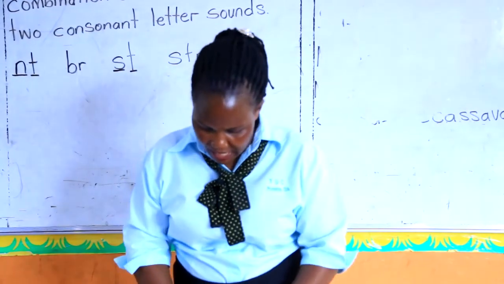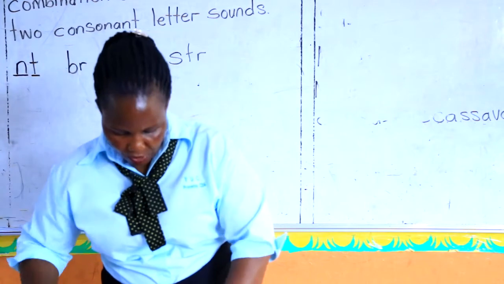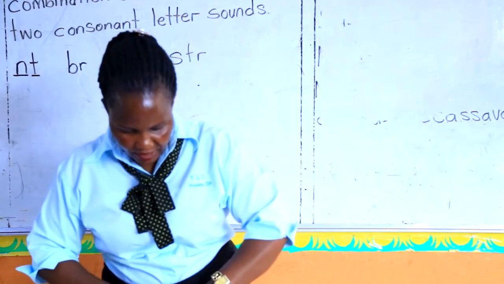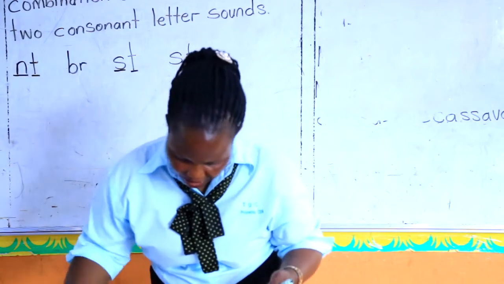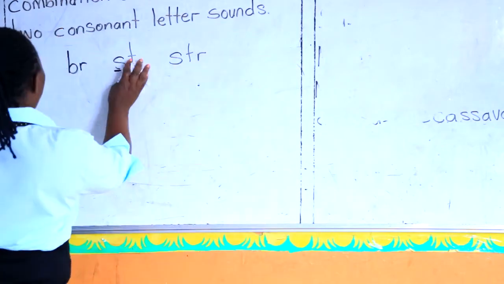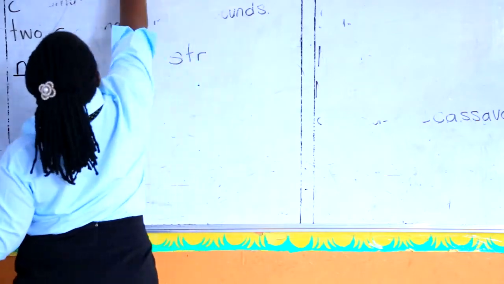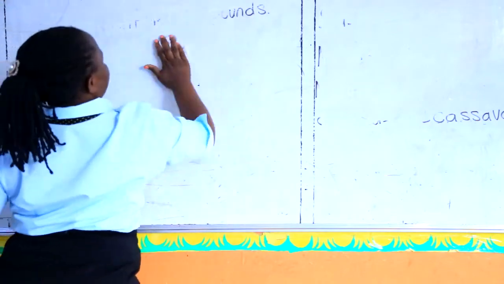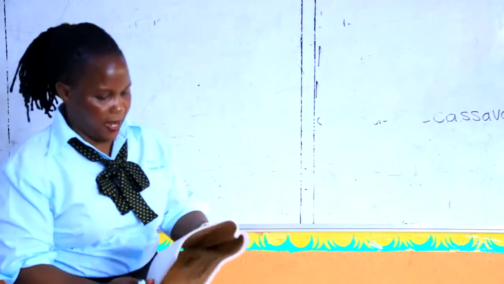Thank you very much. So that has been our consonant blend as far as day 27 is concerned. Now let's look at the blending part, when we are using these consonant blends, and see how it makes reading easier.